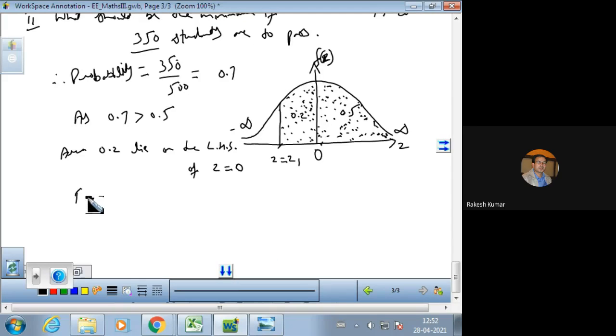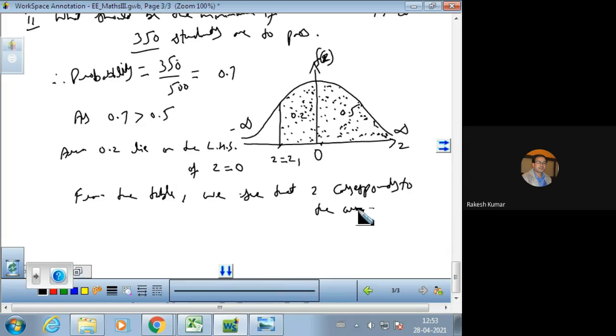So from the table, we will be able to see the z that corresponds to the area 0.2. For the 0.2 area, that corresponding z we need to find out. And let us see from the table.